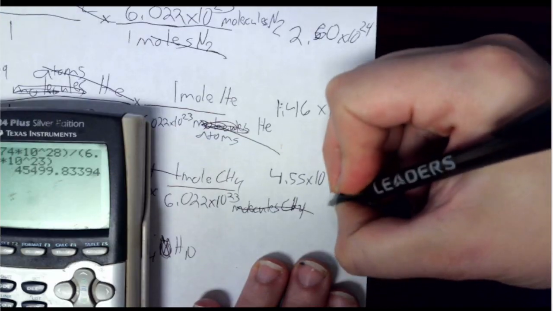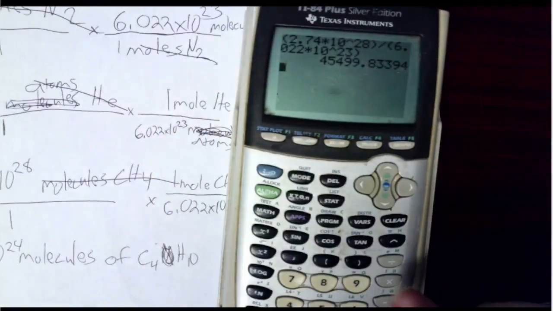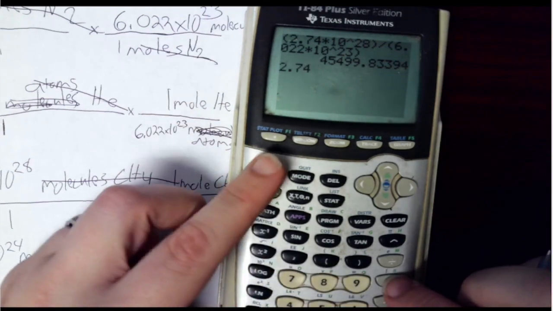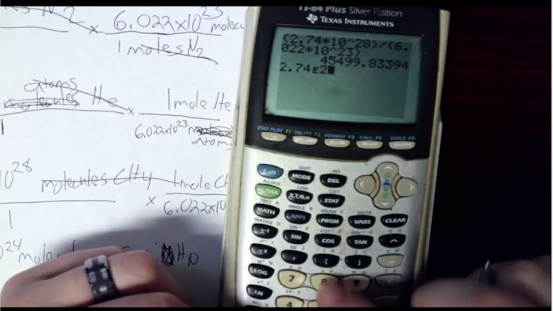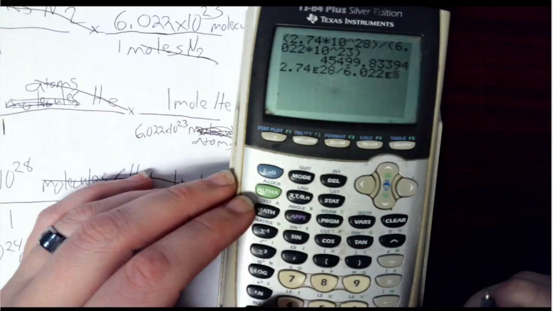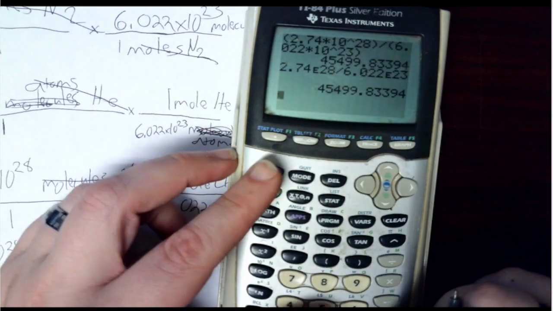A big number. Now, there are many different ways to type that in. 2.74 second E 28 divided by 6022 second E 23, same number.